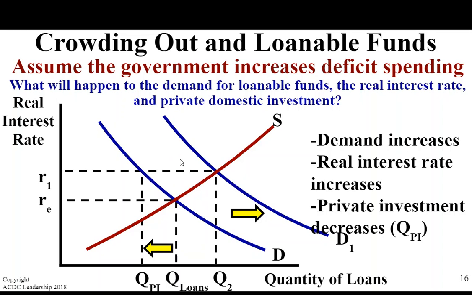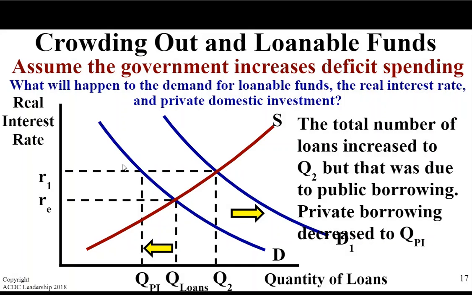The rest of this here to the right, between quantity private and quantity two, is the government loans, what the government is taking out, the demand by the government. The total number of loans increased to Q2, but that was due to public borrowing. So private borrowing decreased down to the quantity of private one.